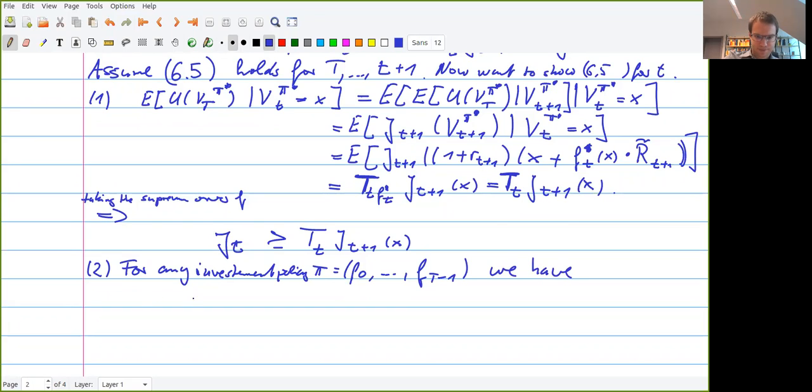So this is our investment policy P as we choose, and then if we assume that we start here at time t with the capital X, what do we get? Well, let's use the tower property.